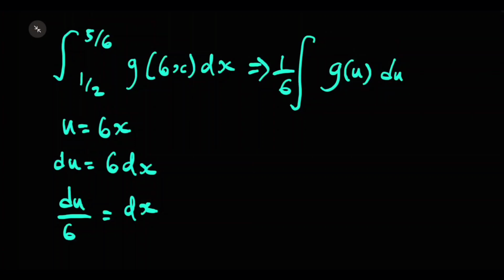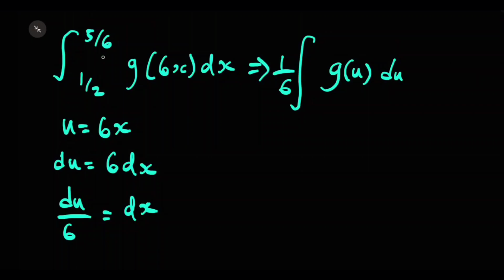Now for our intervals, when we had this expression in terms of x, we had 5 over 6 and 1 over 2. But to write this in terms of u, we say that u is equal to 6x. So we are going to multiply everything we have here by 6 to get its equivalent in u.